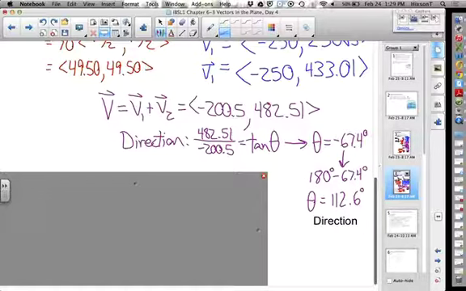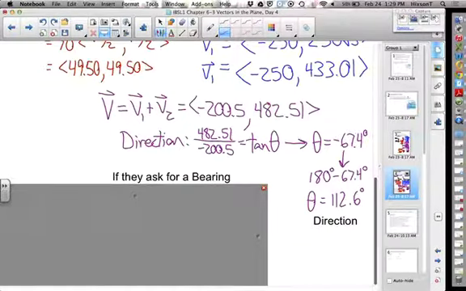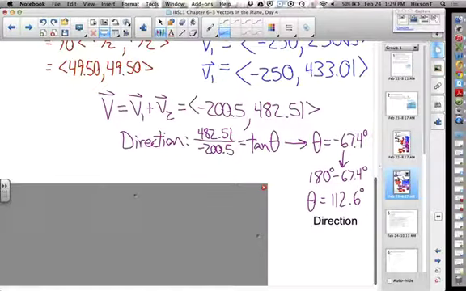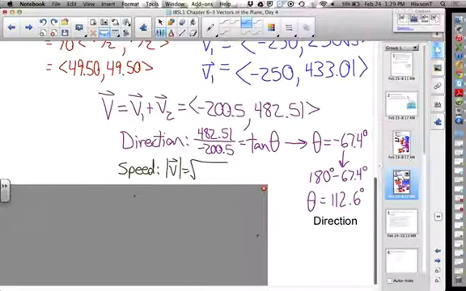How would I find the magnitude? Speed is the magnitude of v. So that's the square root of negative 200.5 squared plus 482.51 squared.